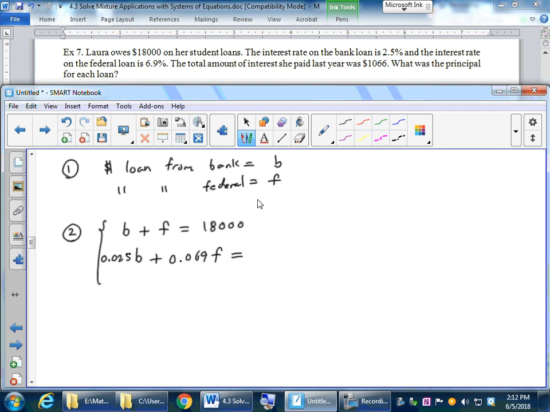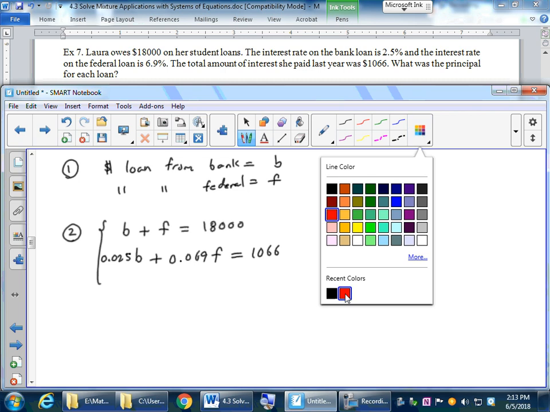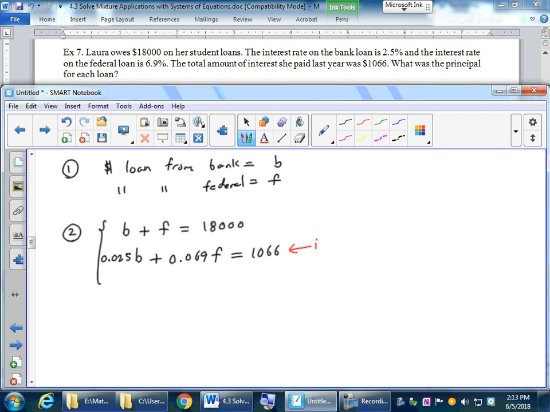That should be equal to what she paid last year, which is 1,066. So this is on interest, right? So the rate times the principal in 1 year, and the rate times the principal of the other loan, and that is equal to the interest.